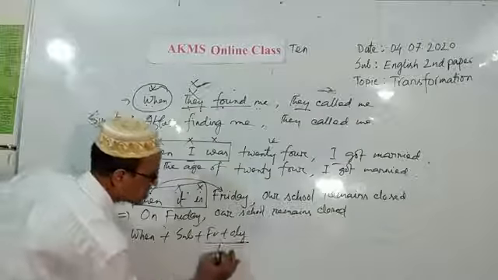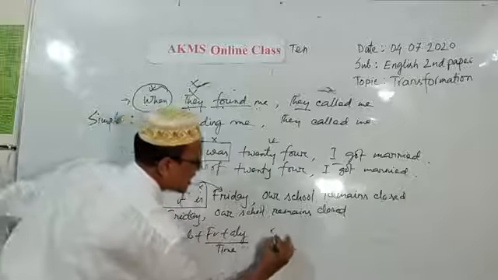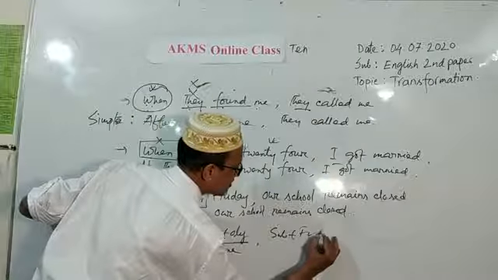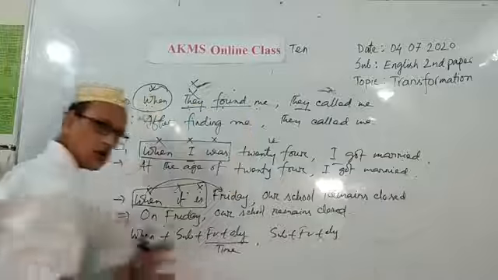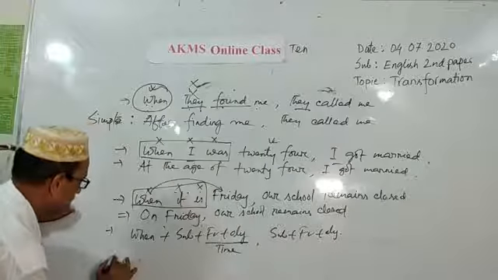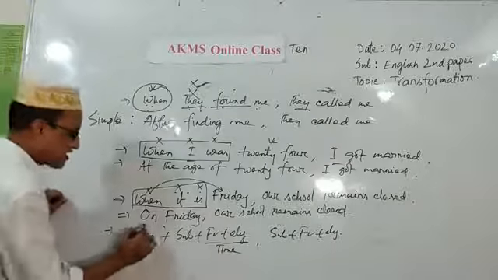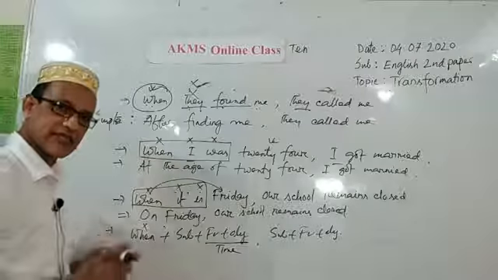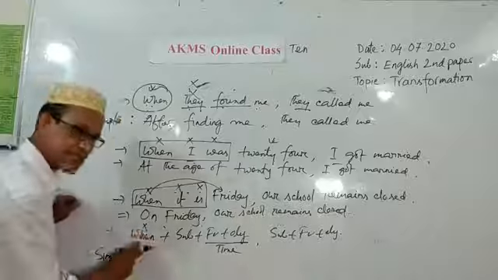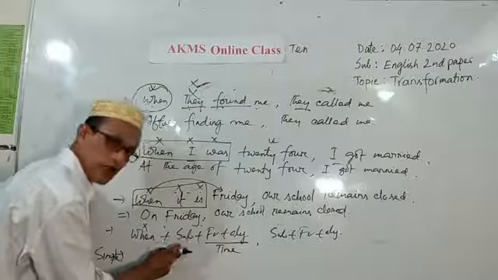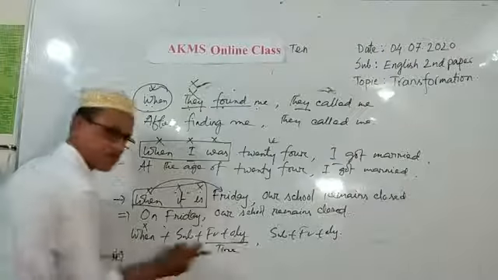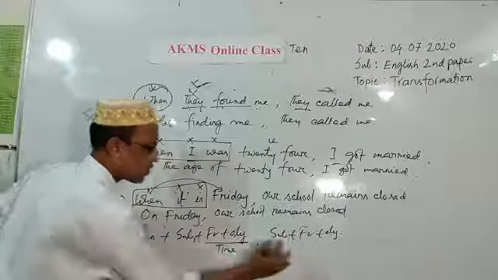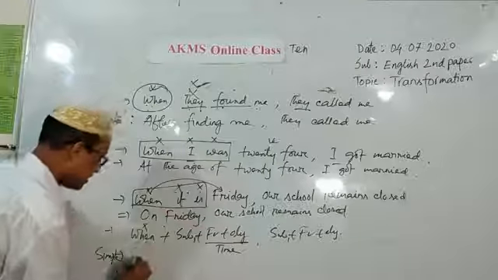And it mentions time. Then subject plus finite verb plus object. Okay? Dears, I have erased "when" as I transform this complex sentence into simple. I have also erased the subject because subjects are the same.